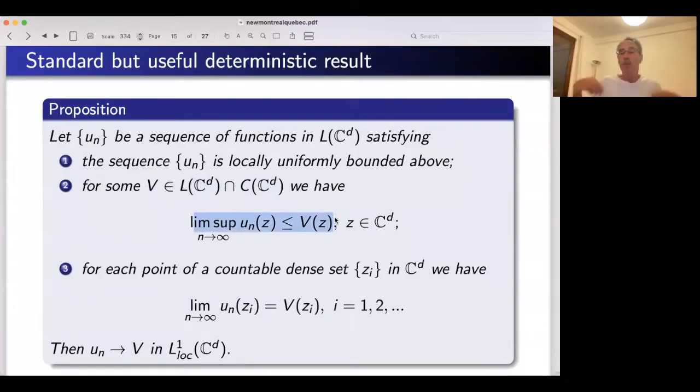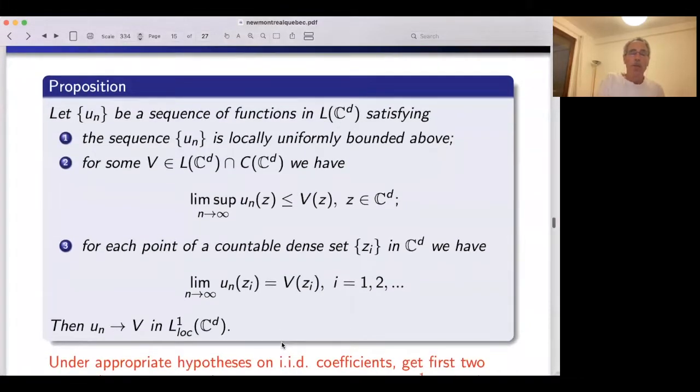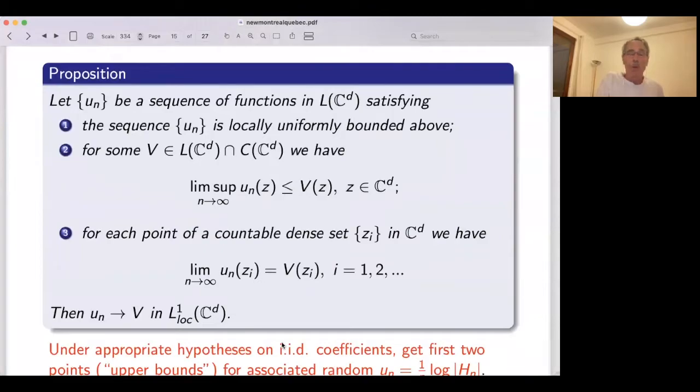For our purposes, this continuous guy V will be our V sub K, for appropriate compact set K. And suppose we actually hit this function V at a countable dense set of points, in a limiting sense, pointwise. Then we get L1 loc convergence of the sequence u_n to V. This is not a deep result, and it's really a result about subharmonic functions, but this is what we're going to use.